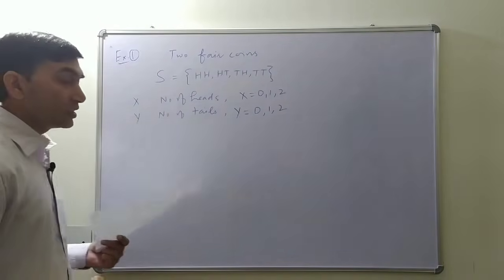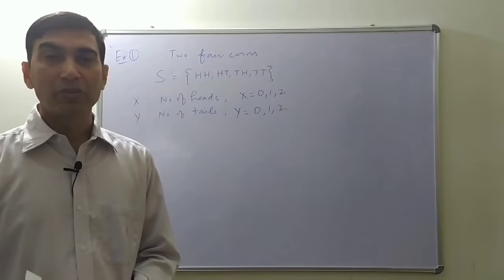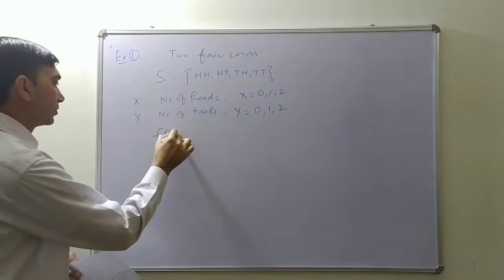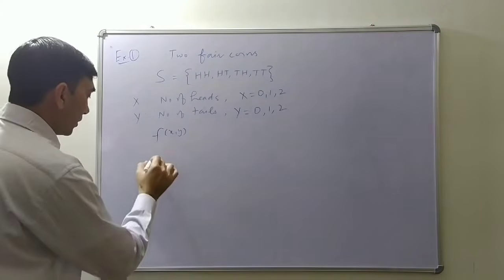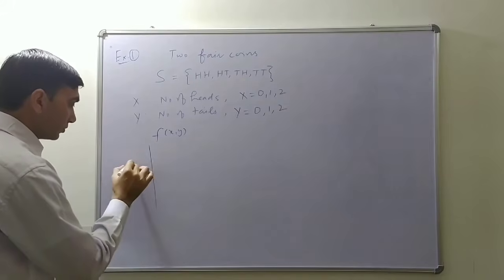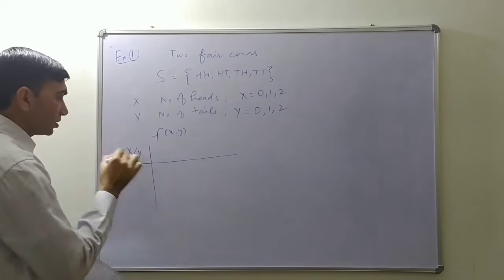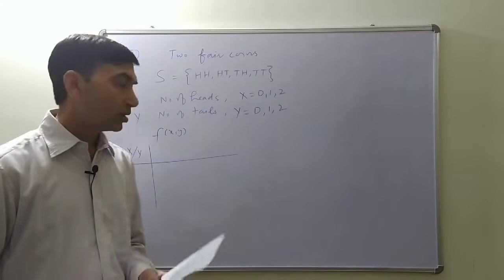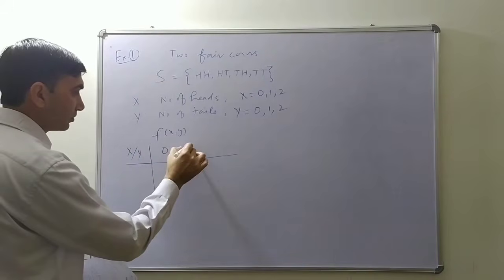Now the next task is to write its probability mass function, means f(x,y). See how do we calculate it. It's always better to represent f(x,y) in the tabular form because there you can understand how the probabilities are to be written.